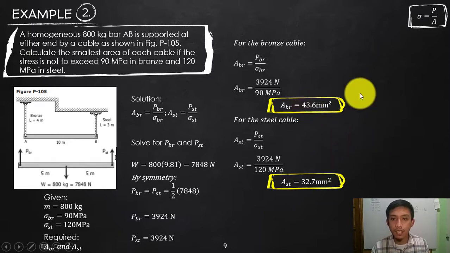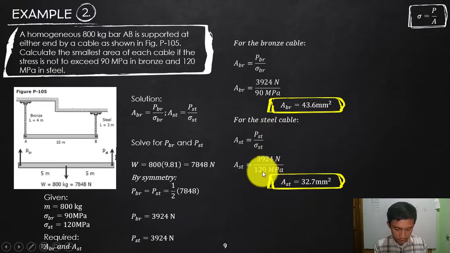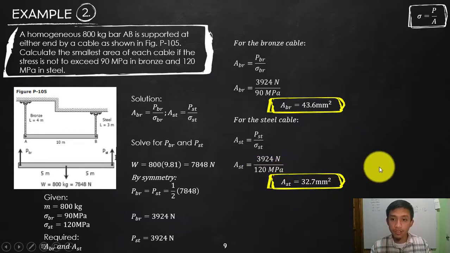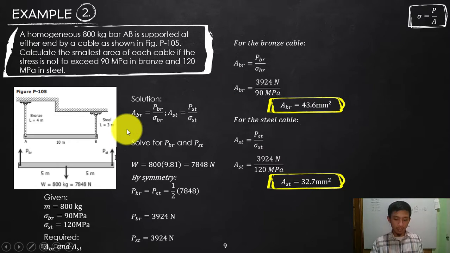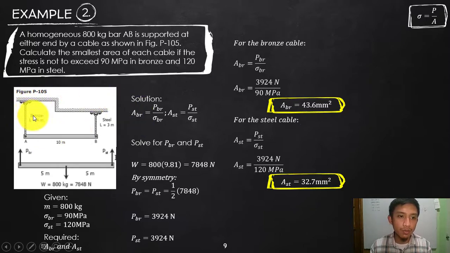And for steel, since they have the same P, what will just change is the sigma. It will now be 120. So that will be 32.7. So to recommend, if you are the designer of this support and you are using bronze, at least 43.6.